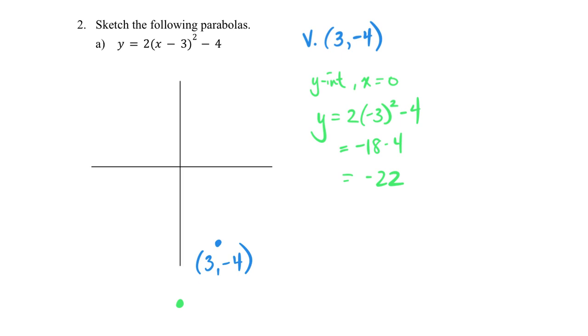What that means then is if I was to connect my vertex to my y-intercept, notice I just drew my curve through my label. I know I'm wrong. I found that out because I drew the curve through the label. Notice my direction of opening was supposed to be up.